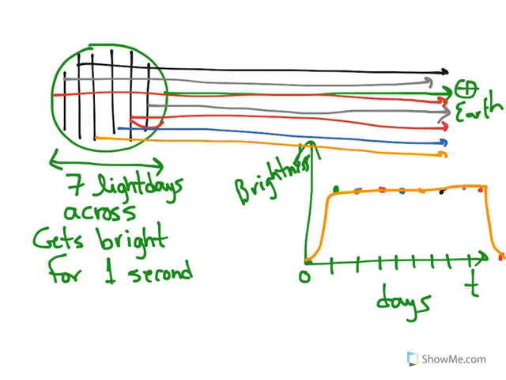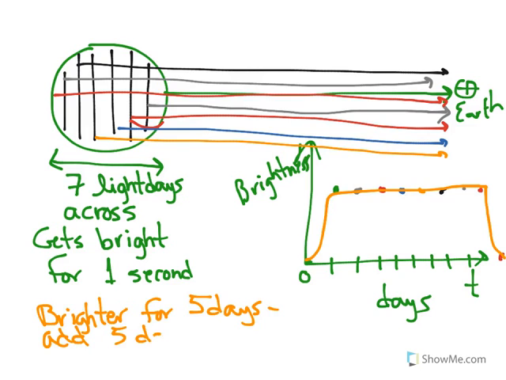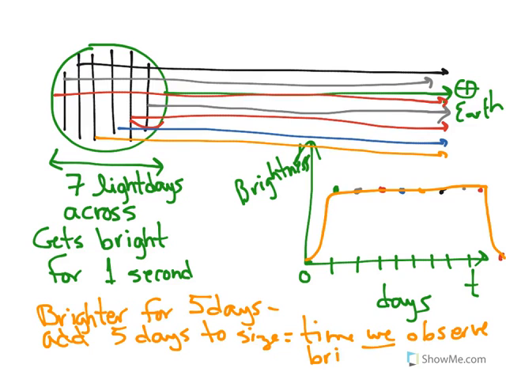Now if it had instead gotten brighter for 5 days, then we're going to add 5 days to the size, and that'll equal the time that we observe the brightening. So that's why this gives us a maximum, because in this case we would see it as 12 light days.